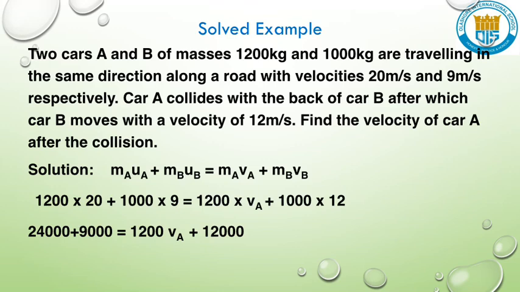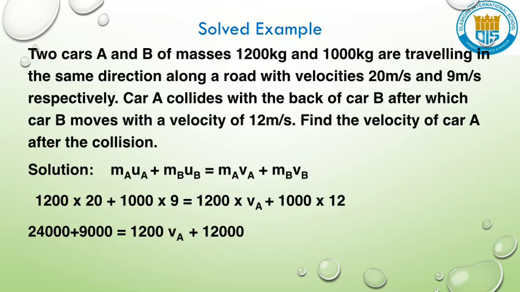Slotting all the values we have into the equation we had on the previous slide, the mass of body A is 1,200 kg. It's already given. Mass of body B, 1,000 kg, also given. So just slot them in. We had initial velocities of bodies A and B. We also slot those into UA and UB.